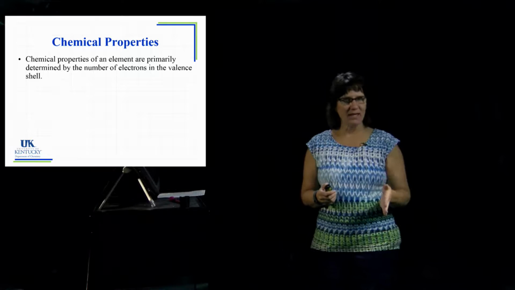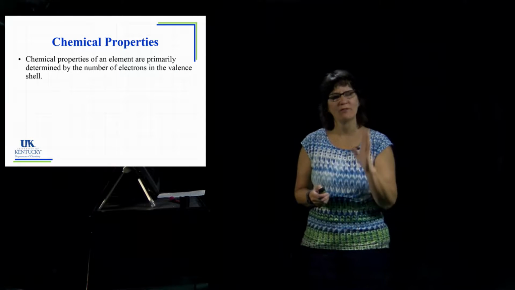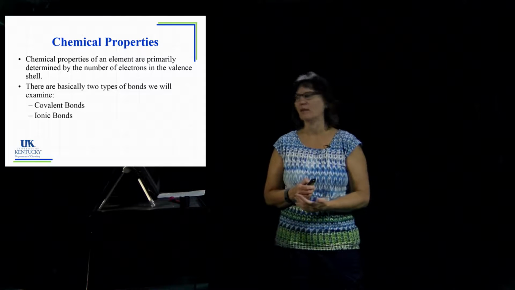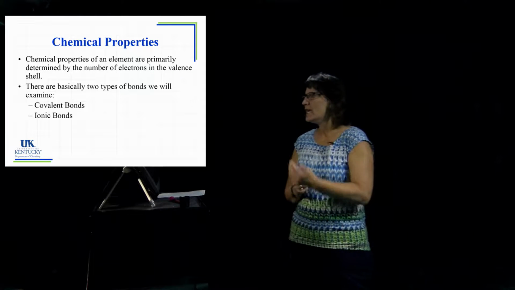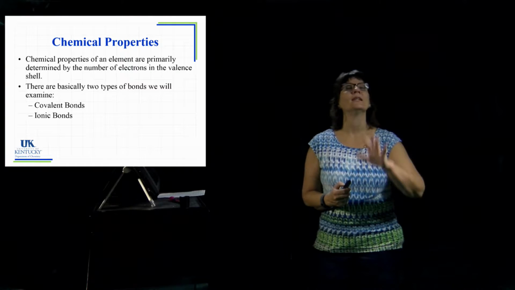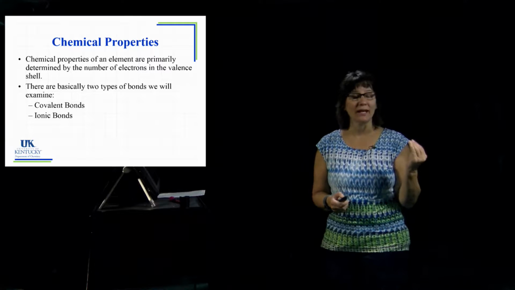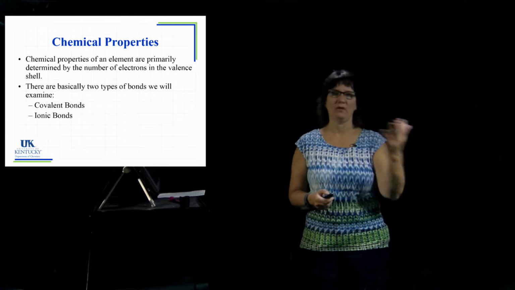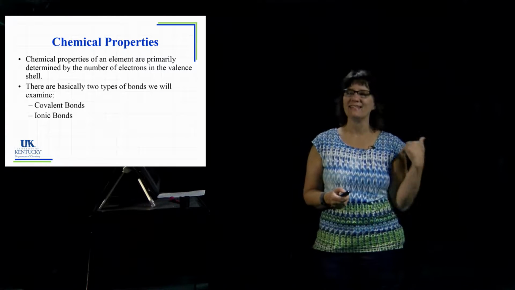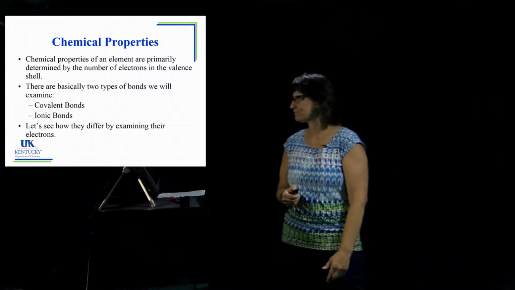Everybody in a group going down has similarities because they have a similar number of valence electrons, okay? So we're going to talk about the covalent bonding in this lesson. Later we'll talk about the ionic bonding, where you're not sharing electrons, but you're doing a swap of electrons. Somebody's gaining, somebody's losing, and they're both getting happy by doing that.